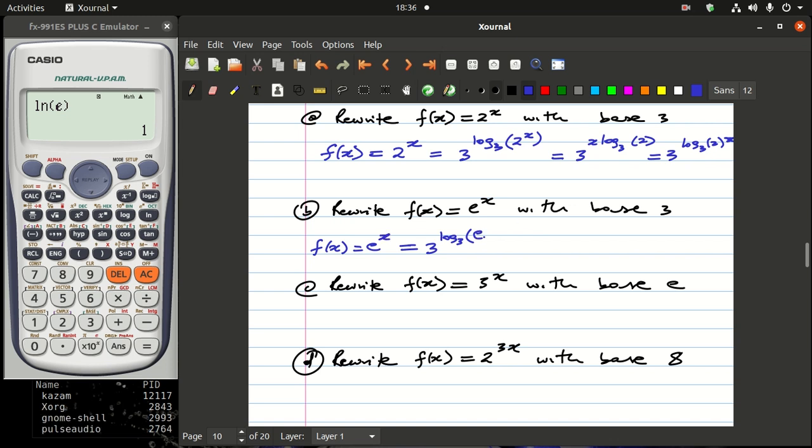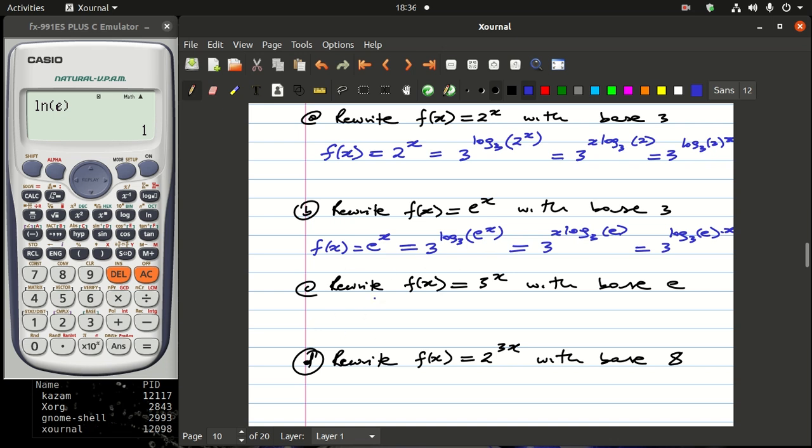So I have e to the power x there. And I can always bring the exponent in front. So I will have 3 raised to x log base 3 of e. And this is the same as 3 raised to log base 3 of e, and then all to the power x. So you can have this or that.